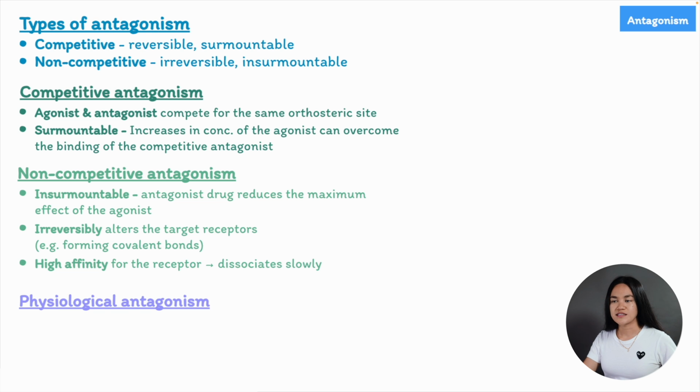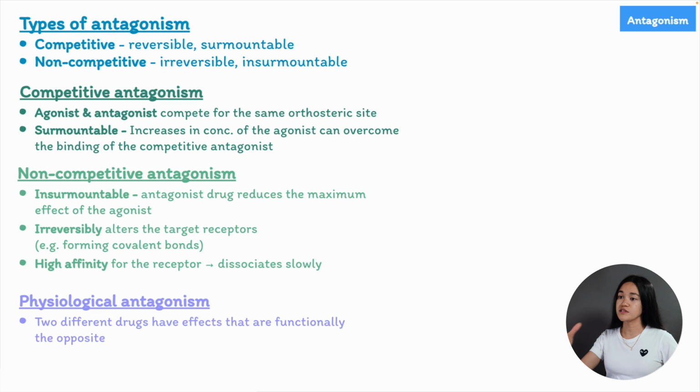In physiological antagonism, two different drugs have effects that are functionally opposite, reducing the action of each other due to their inherent impact on biological function. Meaning, they're not antagonizing each other directly, they are reducing the action of the other drug. In most cases of physiological antagonism, the drugs act through different receptor systems or signaling pathways.